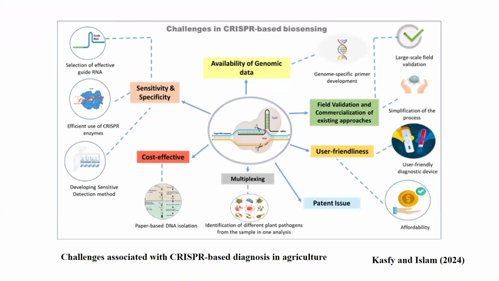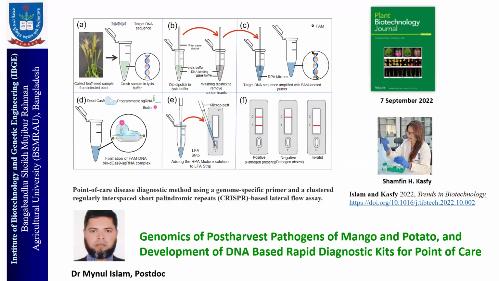I would like to show this one. Yes, here you can see the major steps. That is, you just crush the plant sample in the buffer. The buffer is provided in the kit, and then you take out the DNA on a strip, and the strip again is put into the buffer, and here you put the RPA.